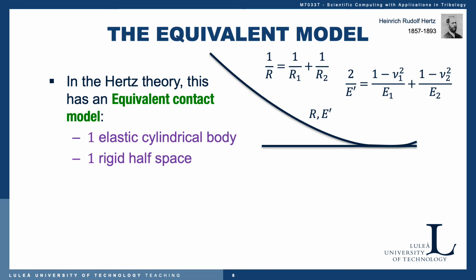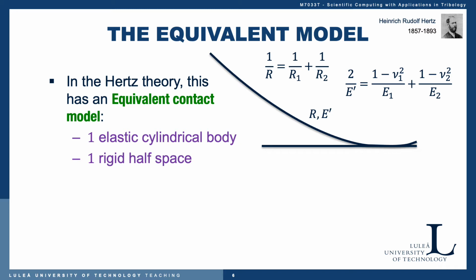In Hertz theory, the contact between the two cylindrical elastically deformable bodies has an equivalent contact model, and this is the contact between one elastic cylindrical body treated as a half space and another rigid half space.